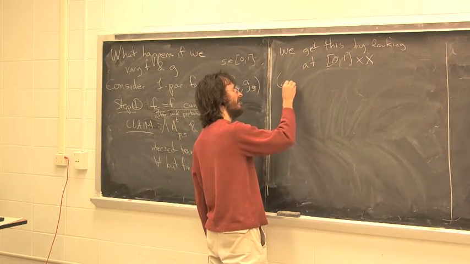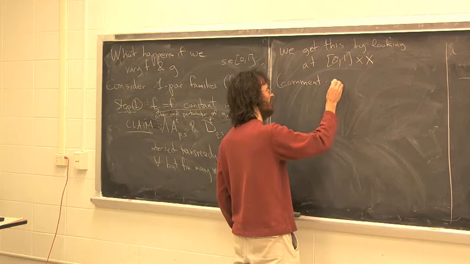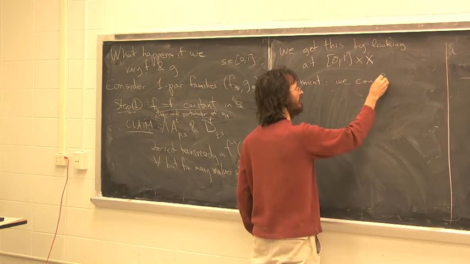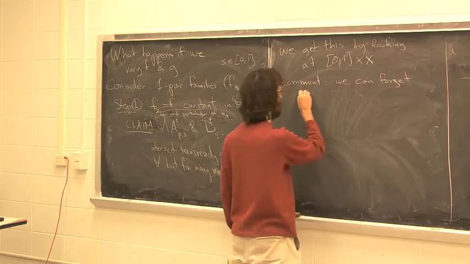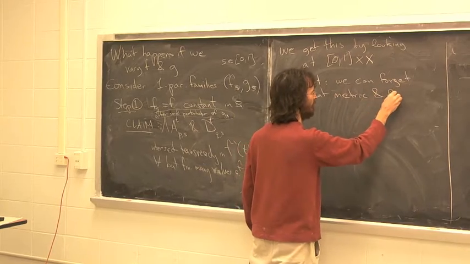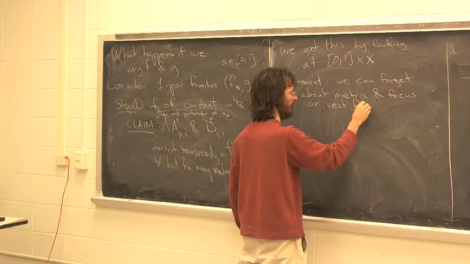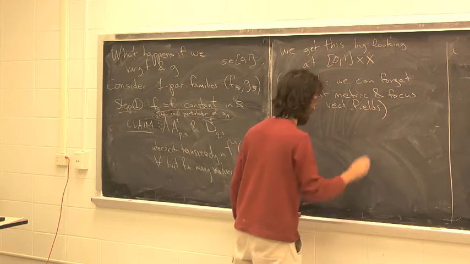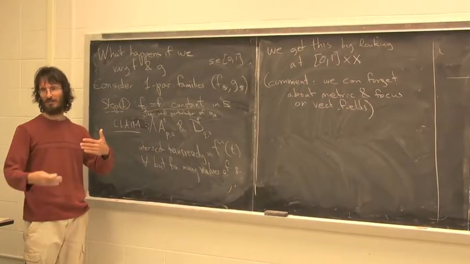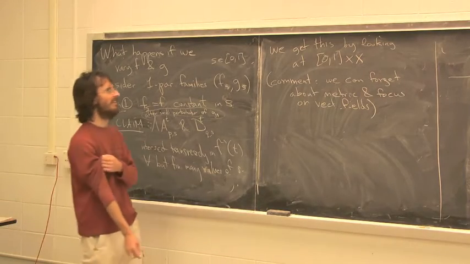We already sort of know that we can forget about the metric and focus on the vector field. Again, the metric carries a lot more information than the vector field, but if you isotope the metric, you'll isotope the vector field. If you isotope the vector field, you can find the corresponding isotope of the metric.